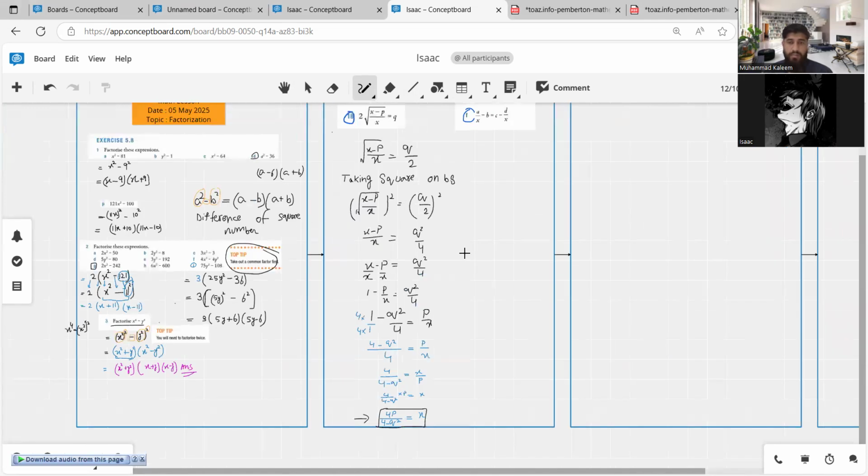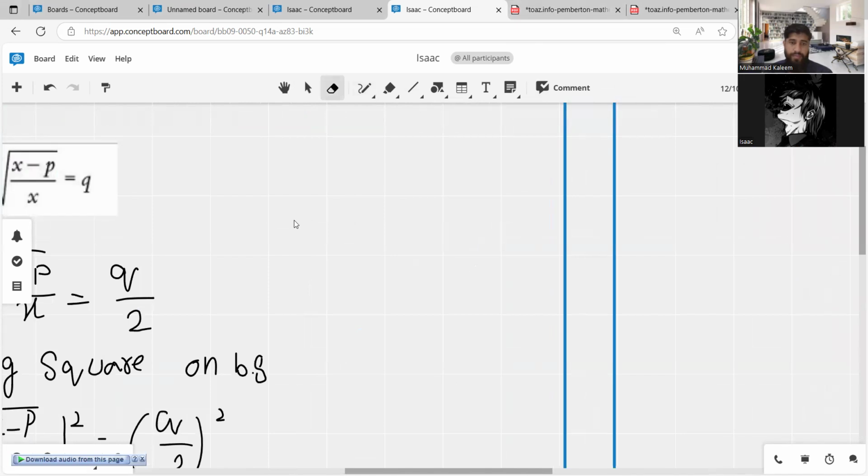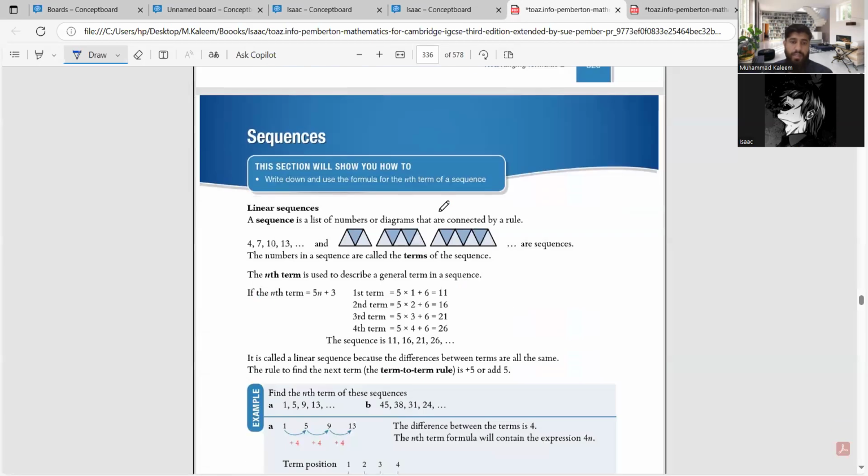Good, excellent. So you know how to rearrange these formulas. Do you want to practice this one as well, or move on? We can move on. Then let's check out the next topic.